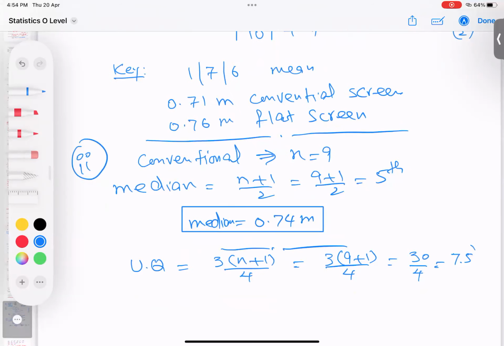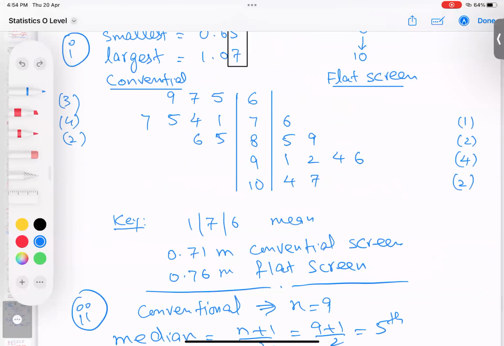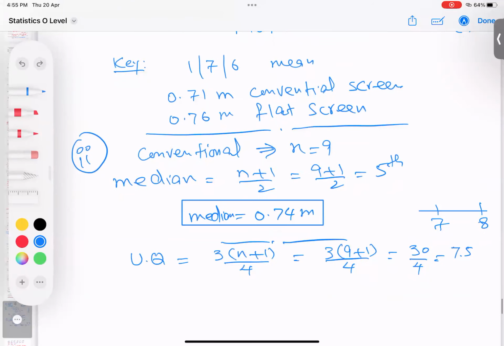7.5 is the average of the seventh and eighth term. All of you know, students, 7 and 8, 7.5 comes in the middle. So the seventh and eighth term of the conventional. This is 3 plus 4, 7. It means this is the seventh term. So 77 is the seventh term, 85 is the eighth term. So 77 and 85. But how to write it? You know it very well.